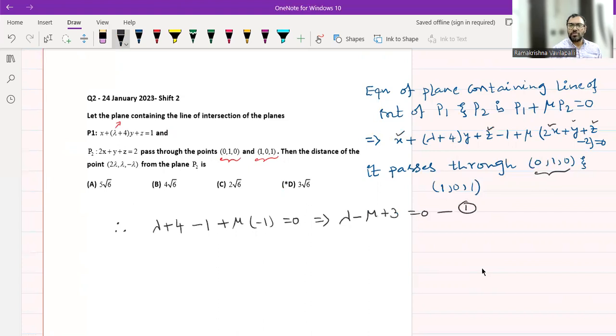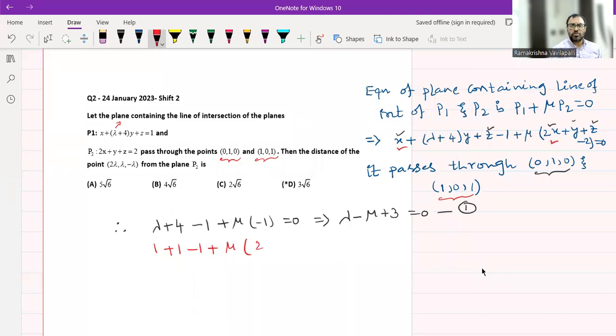Right? Now substitute the second point 1, 0, 1. So substitute x as 1 here. Anyway, y value is 0. Z value is 1. So 1 plus 1 minus 1 plus mu into, here also substitute x 1, y 0, z 1.